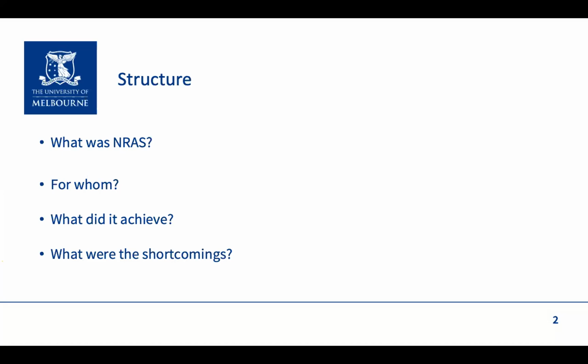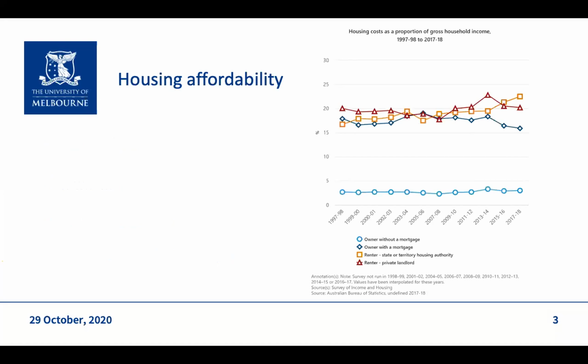So this is a very simple chart which charts the affordability in general for both rental and ownership housing. You can see that over a period of time, it has increased.